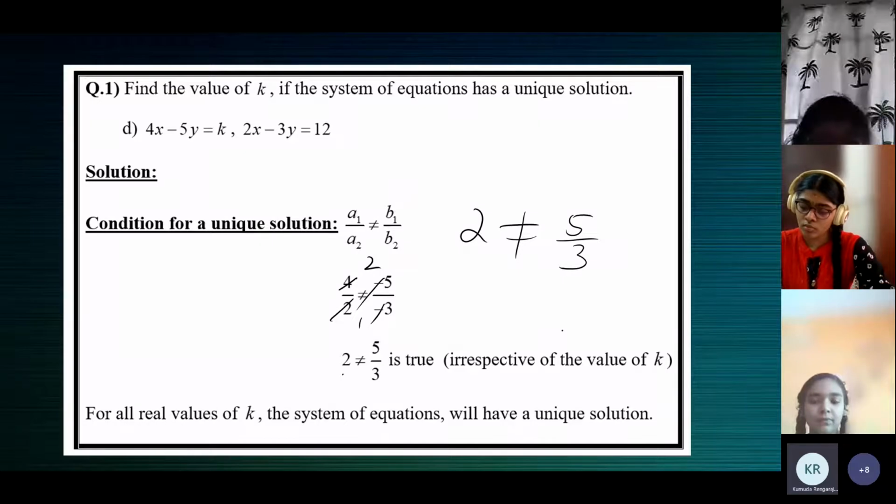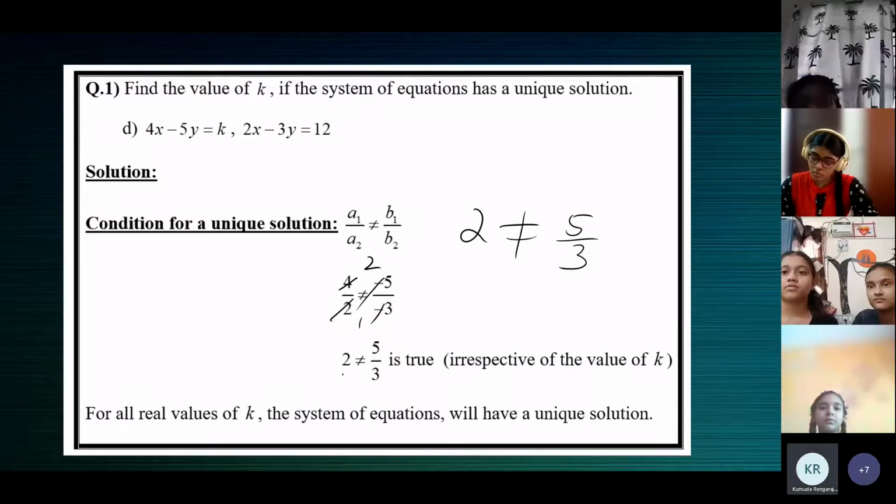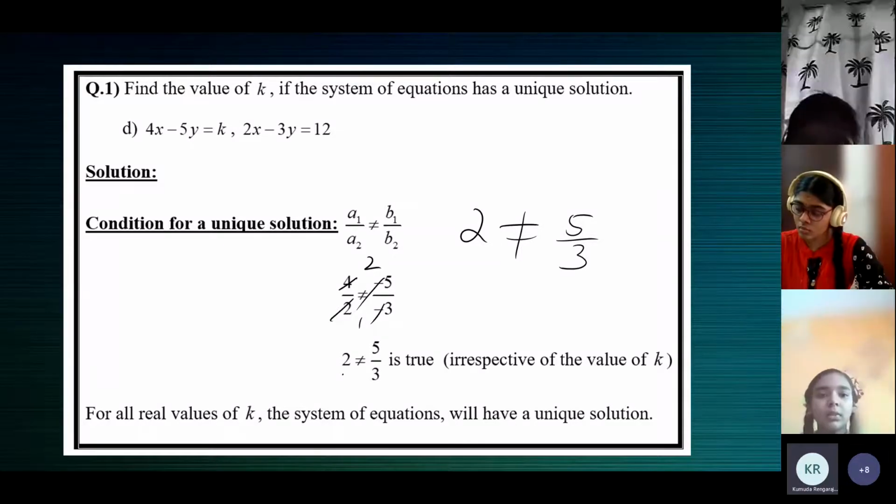That's correct. That means whatever be the value of k, they're already not equal. A1 by A2 is not equal to B1 by B2 already; 2 is not equal to 5 by 3 is true. That means these equations are not dependent on the value of k.